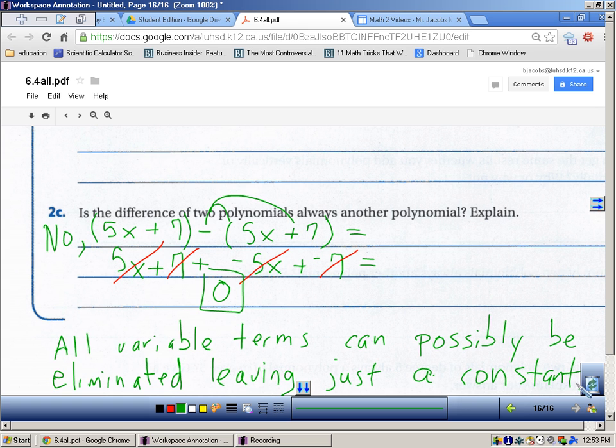All variable terms can possibly be eliminated, leaving just a constant.